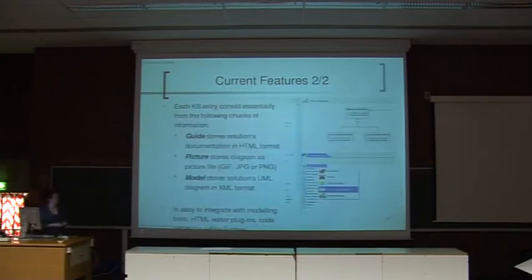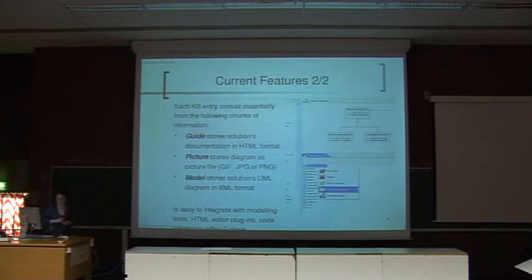Essentially, three big blocks of information are stored in the knowledge base. For each knowledge base entry, there is a guide, which is a textual representation. This would mostly regard information on why the architecture was implemented in a certain way. Then there's a picture which shows how the architecture has been implemented.